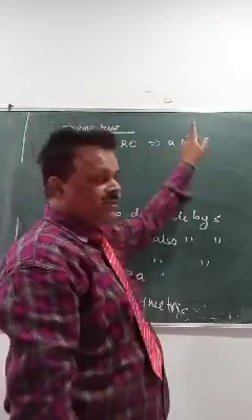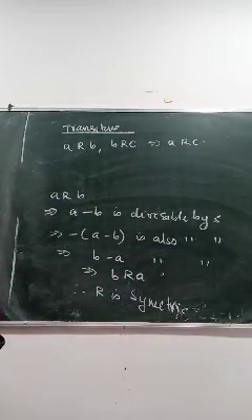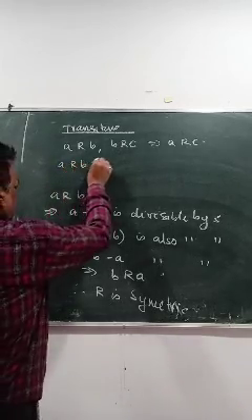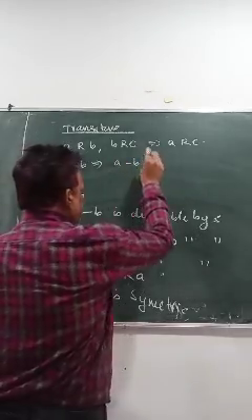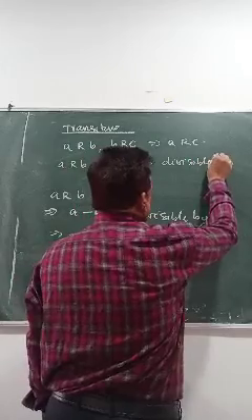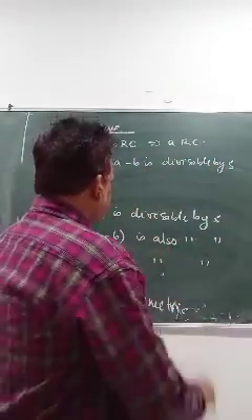From here you will get this conclusion. So how to get that conclusion? Now suppose A relates B implies A minus B is divisible by 5. So try to understand what is the meaning of this.